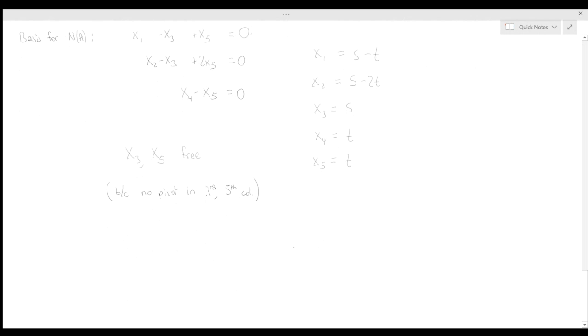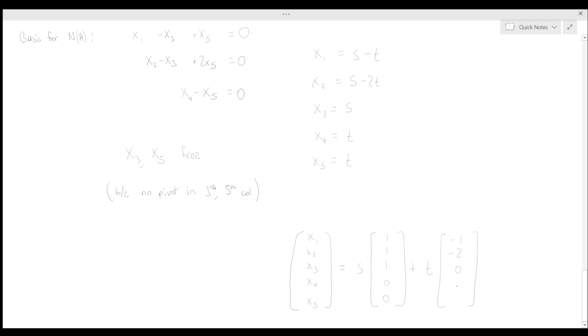And then what I'm going to do is write this out in a vector format, putting the x's into a vector. I'm going to take the right-hand side and write it as a linear combination using the parameters as the coefficients. So this is what we were doing in the first couple of examples, where I was trying to find a basis for various spaces.